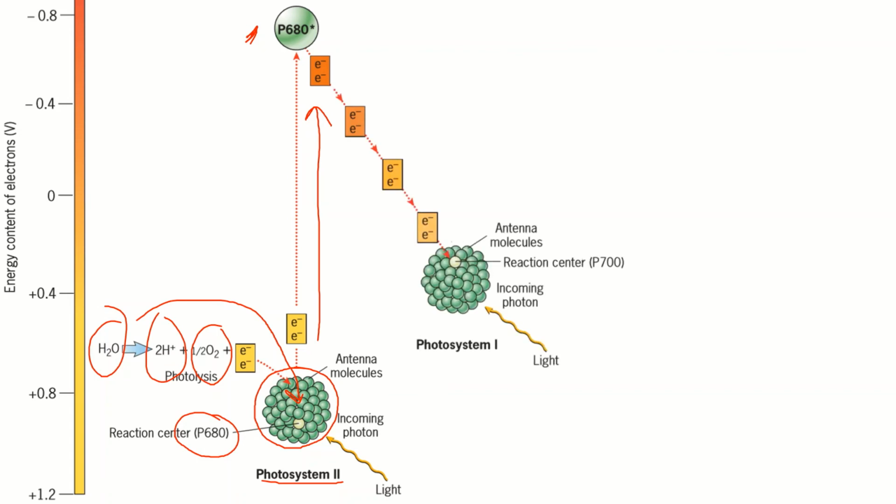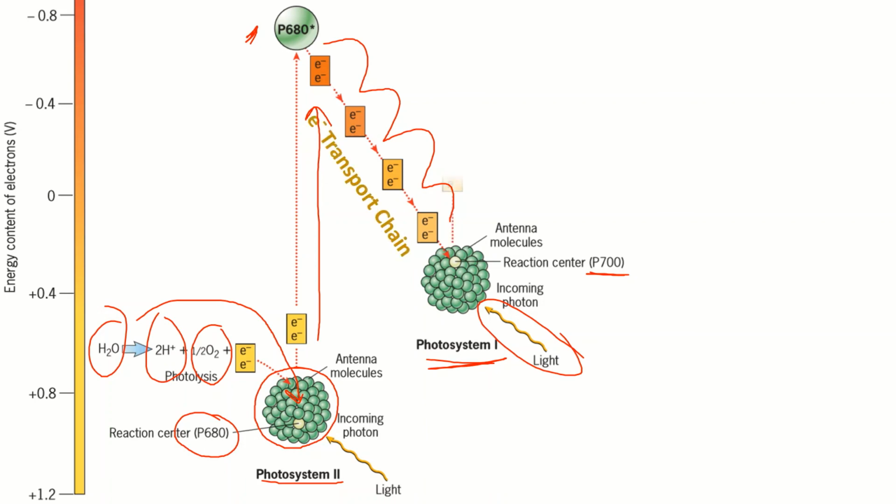Then through an electron transport chain, these electrons are passed on to photosystem 1, where another photon of light is used to get a reaction center, this time P700, to become excited and lose an electron.